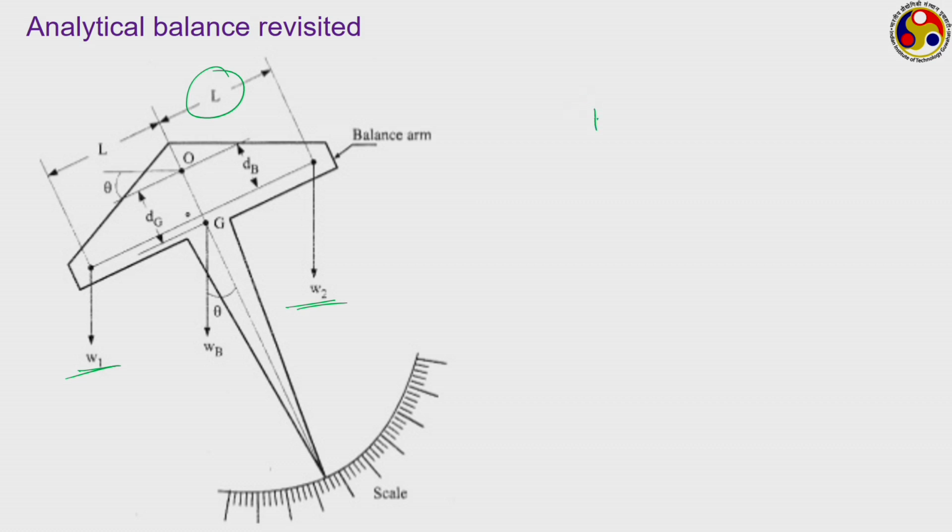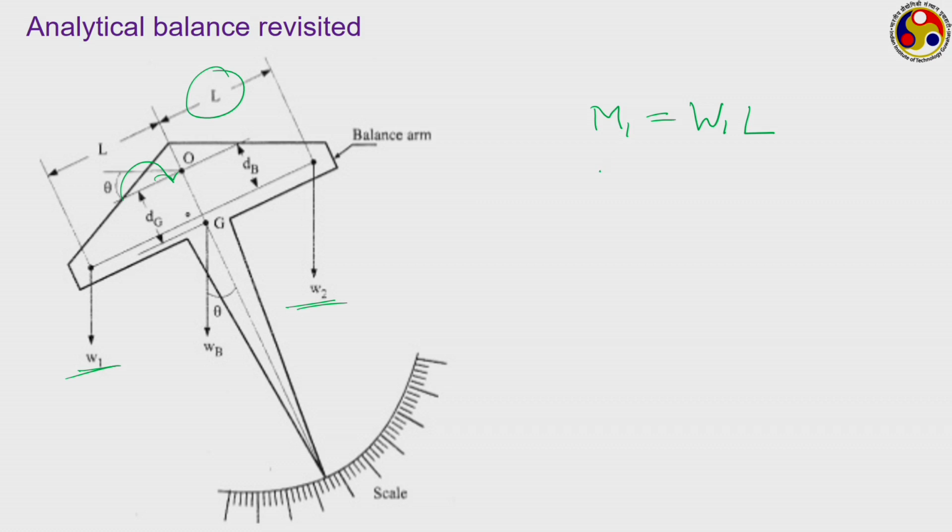That moment, if we call it M1, should be equal to W1 into L. And what should be the direction of this? Look at the force W1 and also look at the position O. We can clearly see that the force will be acting in this particular direction, that is a clockwise moment.